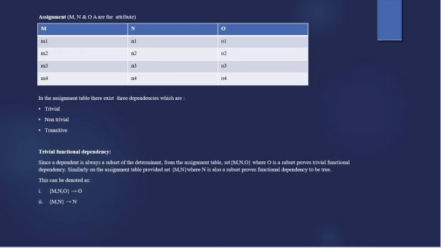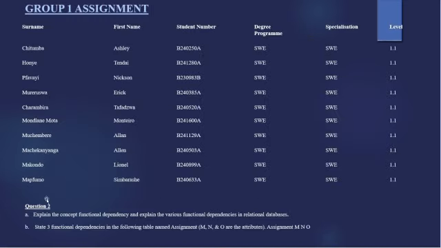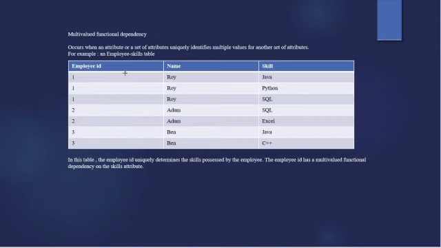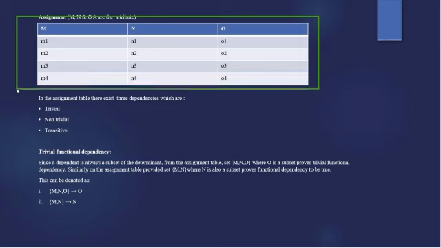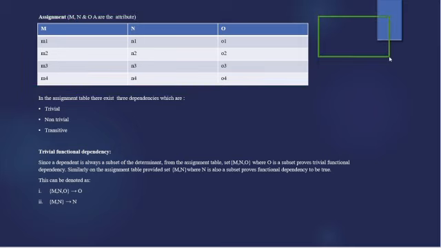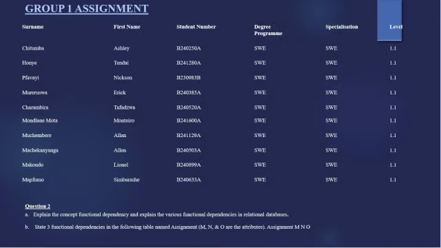Going on to the last question, which says state 3 functional dependencies in the following table named assignment. M, N, and O are the attributes. Assignment, this is the table where we have got attributes M, N, and O, and the question clearly says state 3 functional dependencies.